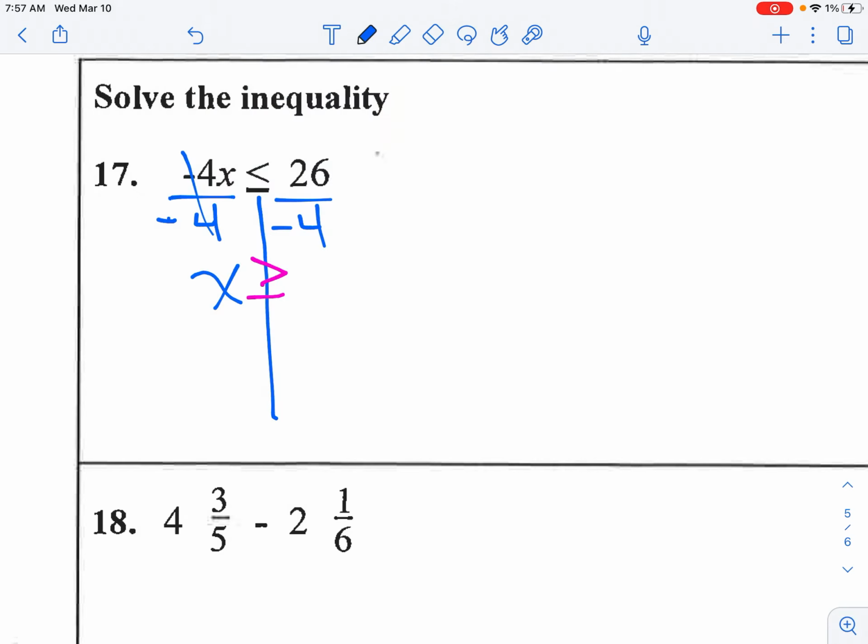So I'm going to slide over here and solve 26 divided by -4. That's going to be a negative answer. Positive divided by negative. So I'm going to put that negative side in my answer so I don't forget. So that's going to be 6, 24, 2. So that would be 2/4 or 0.5, or -6.5. So I'm going to say x is greater than or equal to -6.5. Remember, you do not have to substitute and check for inequalities.